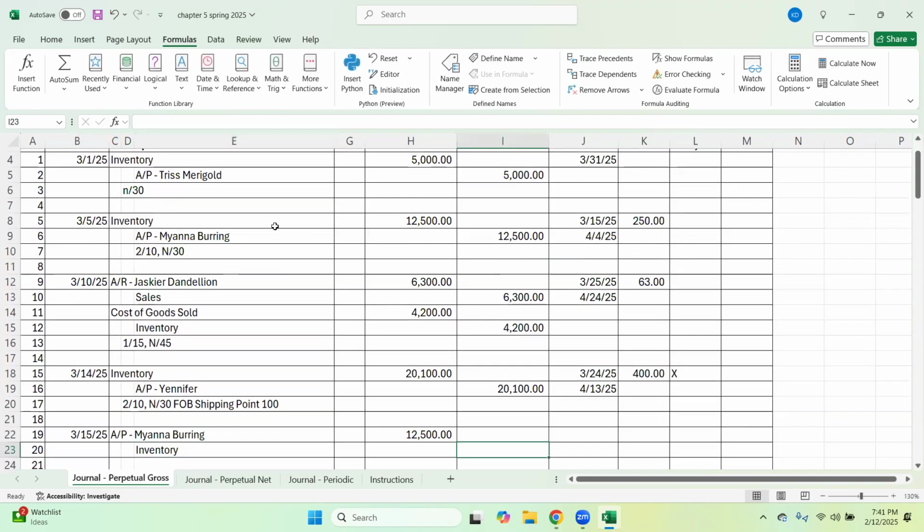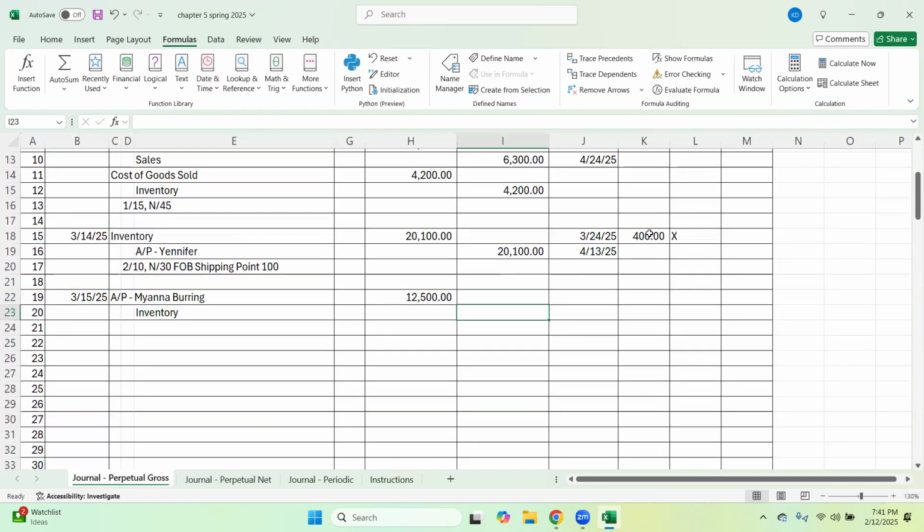When we take that discount, we're going to save $250. That decreases what we actually paid for our inventory. So we're going to reduce that by $250. And so that means out the door, our cash went $12,250. Okay. Pretty cool stuff, huh?